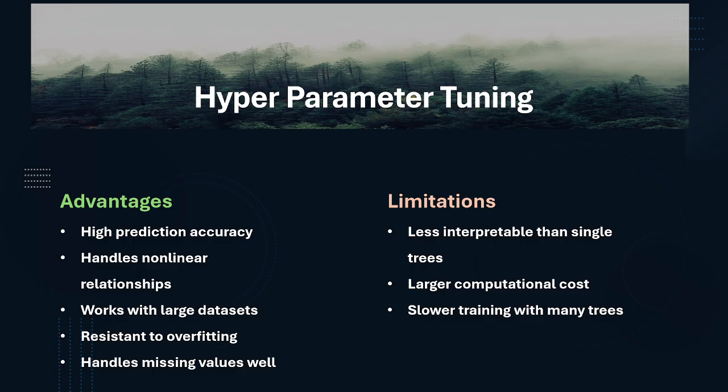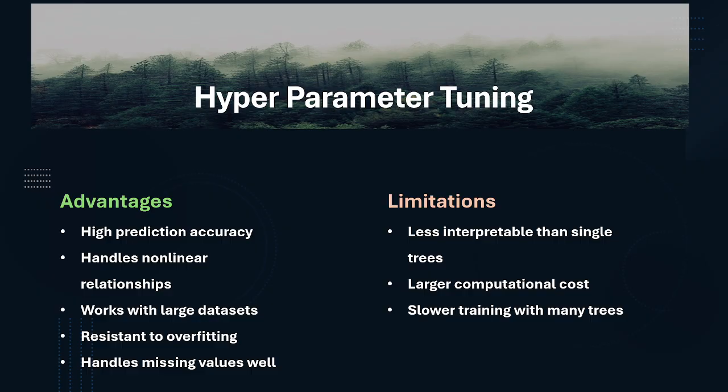Random forest models are powerful, but they trade interpretability for performance. They're commonly used when prediction accuracy is more important than model explainability. Some of the advantages that come with random forest classification include high prediction accuracy, the handling of nonlinear relationships, the model works with large data sets, the model is resistant to overfitting, and the model handles missing values very well.